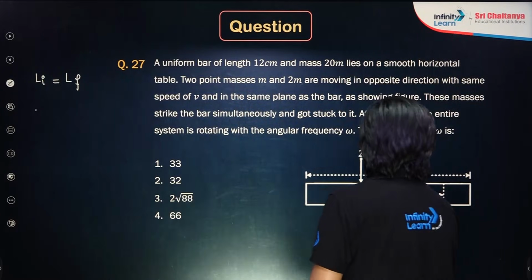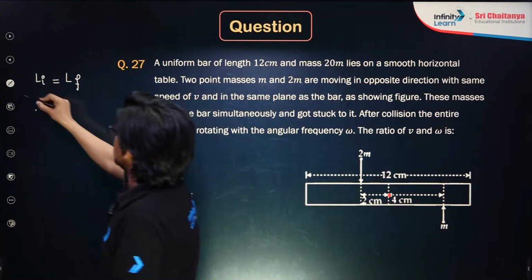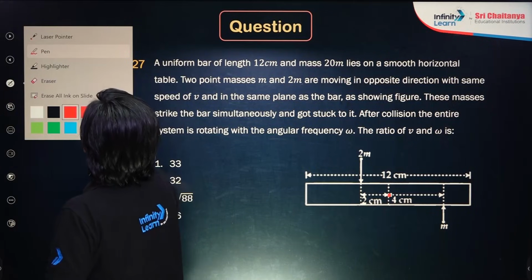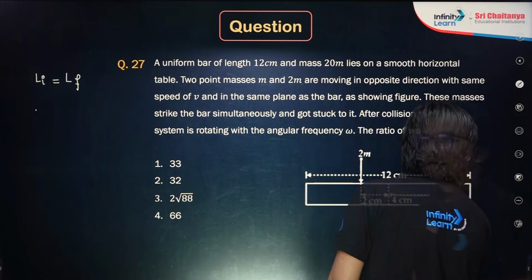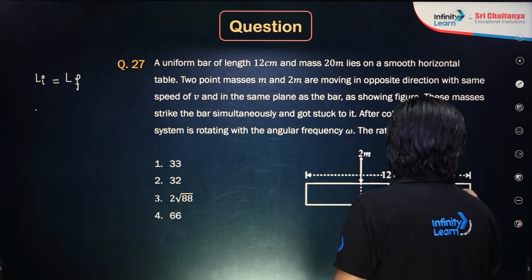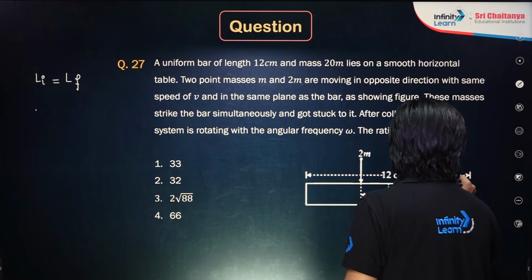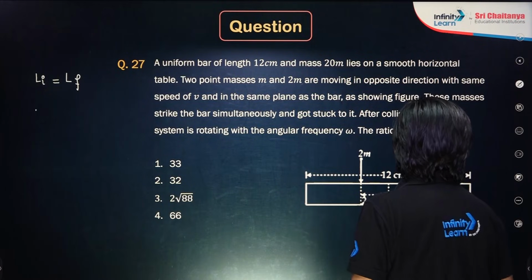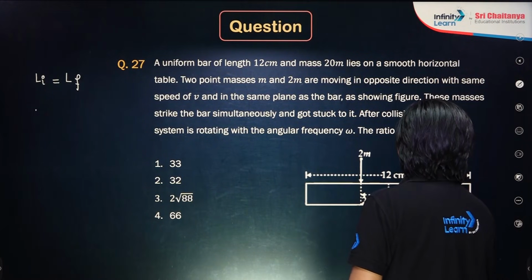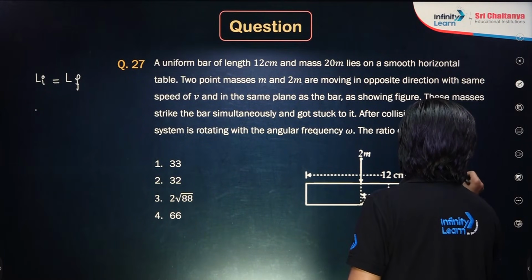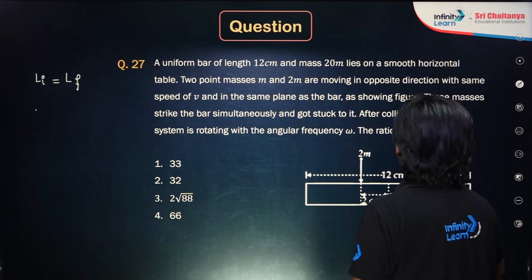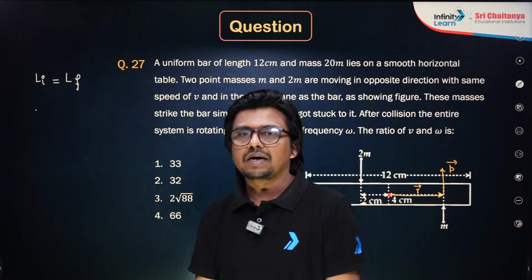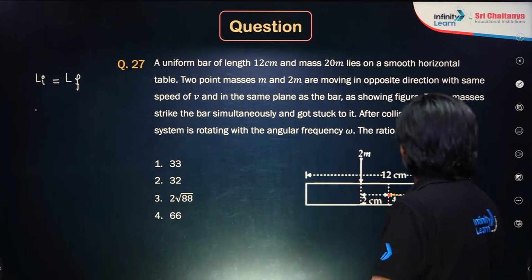If you draw the position vector from this center of the rod, which is the center of mass, this will be the position vector. Now if you see, velocity is in the upward direction. So this is r vector, this is p vector. So r cross p, that will be the direction of angular momentum and it is out of the plane.